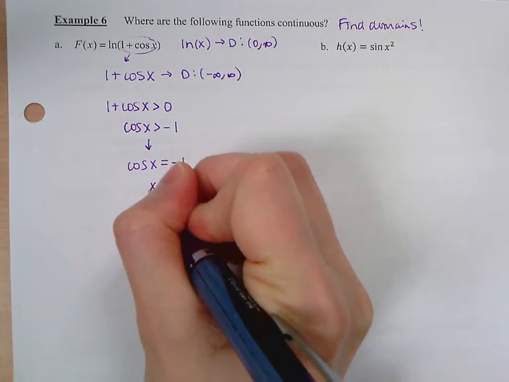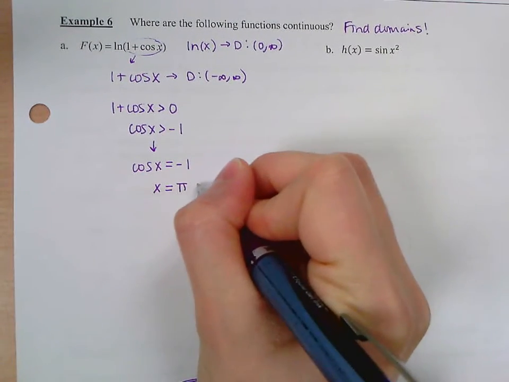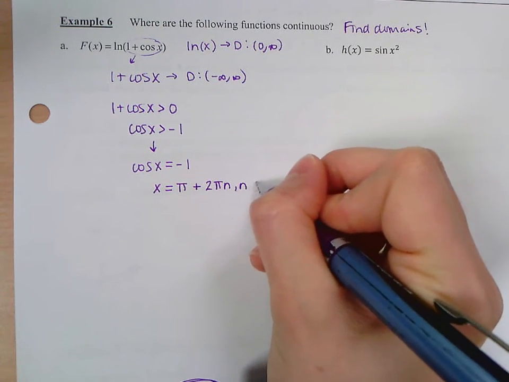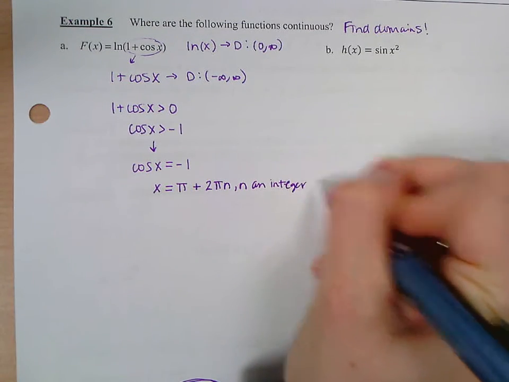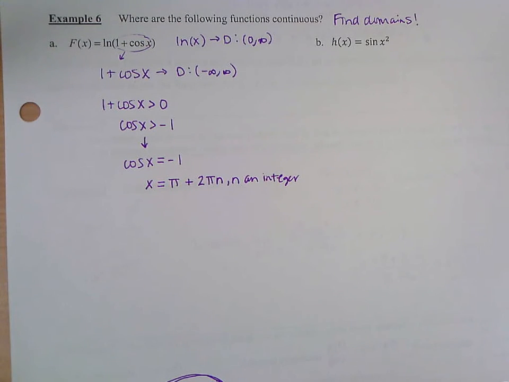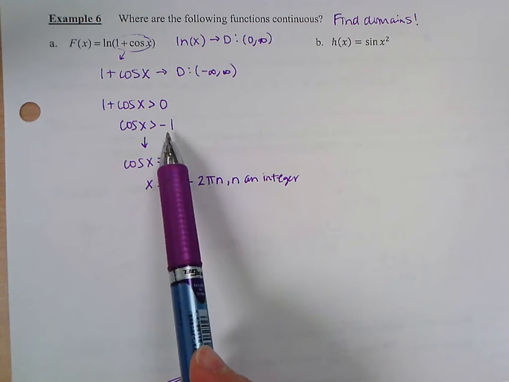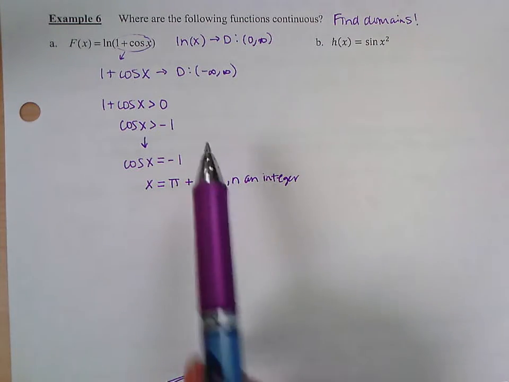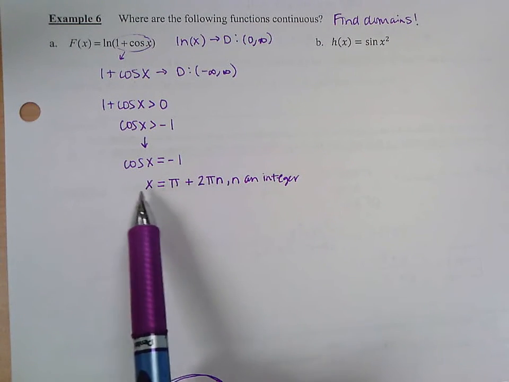So this is true when x is pi plus 2 pi n, where n is an integer. From pi and then adding a full rotation, you would have cosine equal to negative 1. So cosine has to be greater than negative 1. Because the range for cosine is negative 1 to 1, everywhere else cosine is greater than negative 1. So that means x just can't equal any of these values.